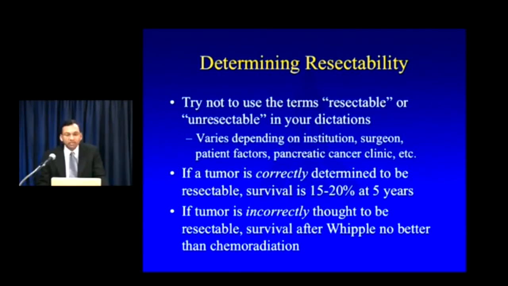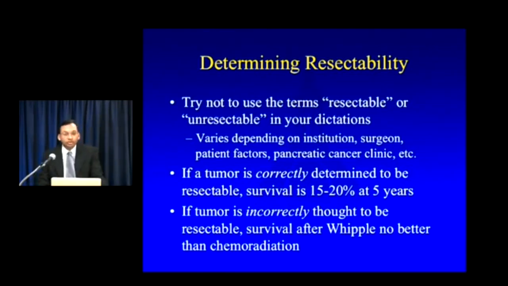Resectability really is going to be variable depending on where you work, your individual surgeon, patient factors, do you have a pancreatic cancer clinic, and a lot of other factors that I think are difficult for us as a radiologist to really figure out just based on the CT scan. In general, I think you want to report certain features that your surgeon is going to use in order to determine whether that patient is ultimately going to be resectable or not, but I don't personally use the term resectable or unresectable in my dictations.